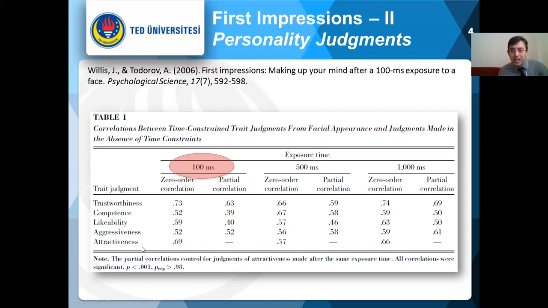So look at the attractiveness. In 100 milliseconds, we decide that a person is attractive. Again, 100 milliseconds is shorter than a blink of your eye. So that we come to like a person at first sight is somewhat true because it happens in only 100 milliseconds. So we have fast first impressions in milliseconds.